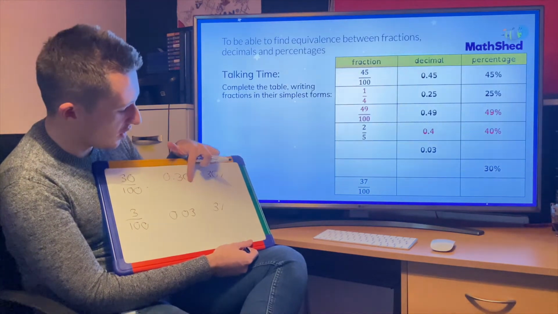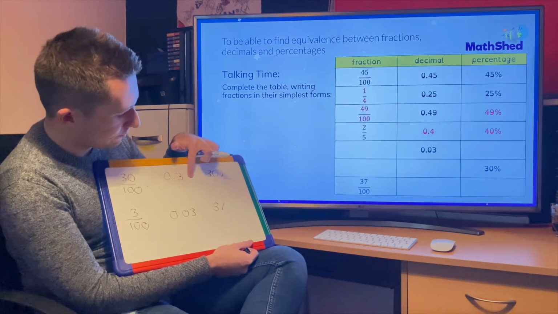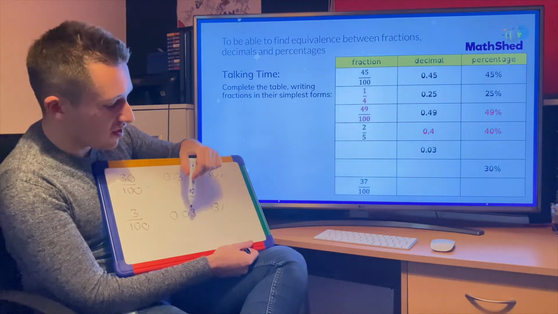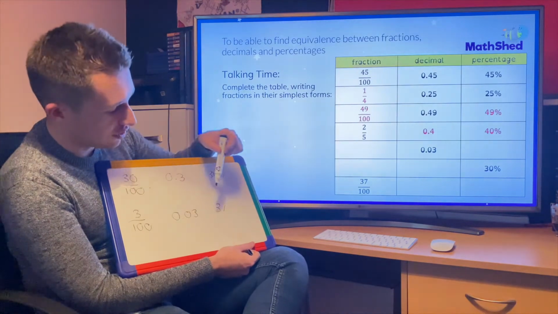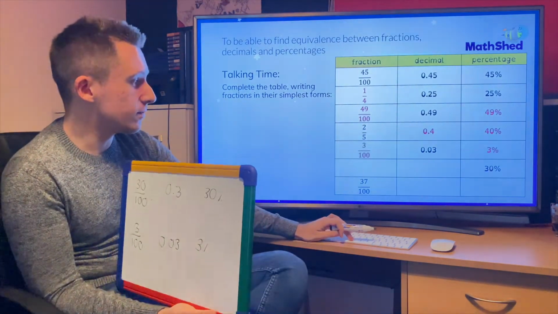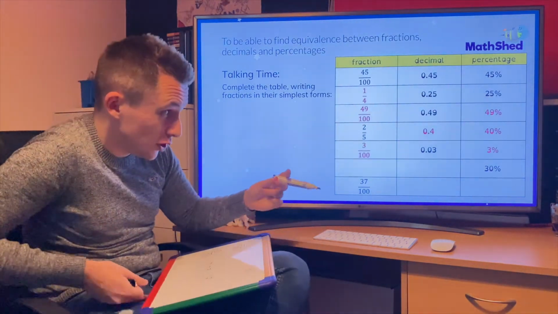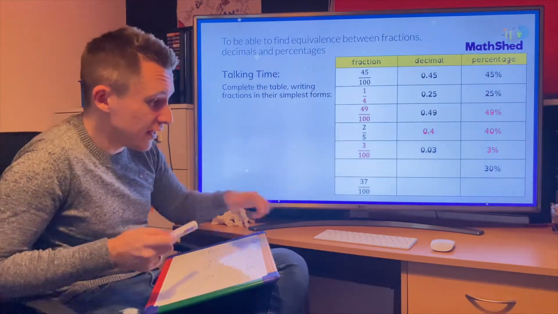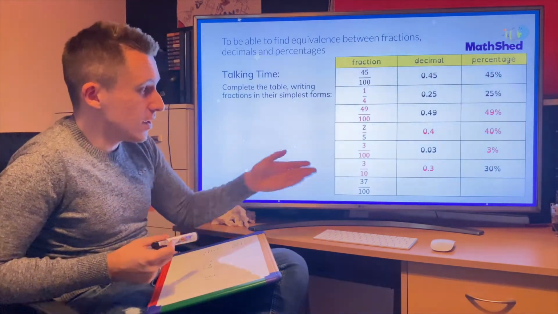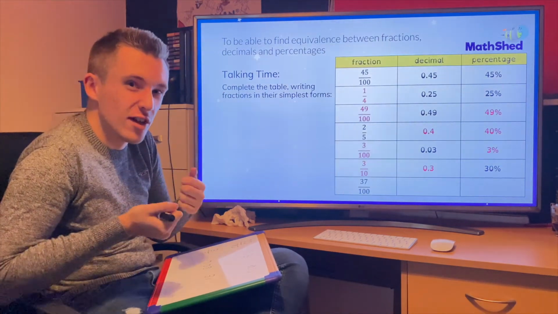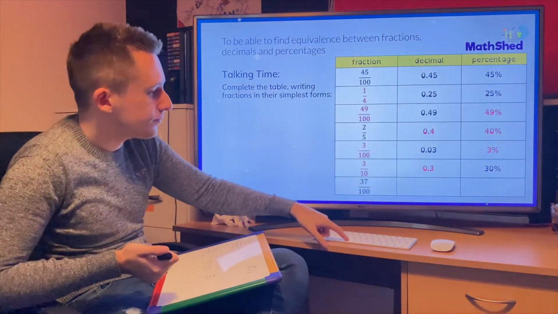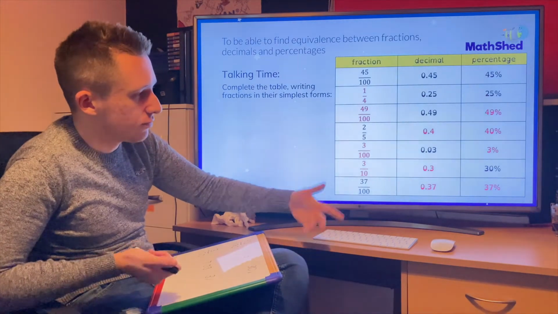We just don't put the 0 in. 0.03 is the same as 3 over 100, which is the same as 3%. And if you look at the one underneath, we've got that trick there for you. 0.3, and they've cancelled it down to 3 over 10, but it would be 30 over 100 as well. 37 over 100 is there.